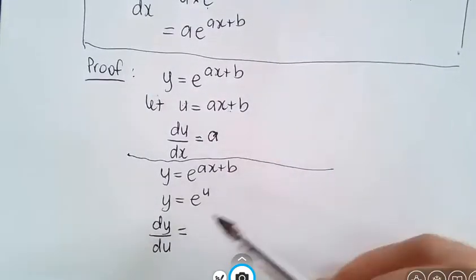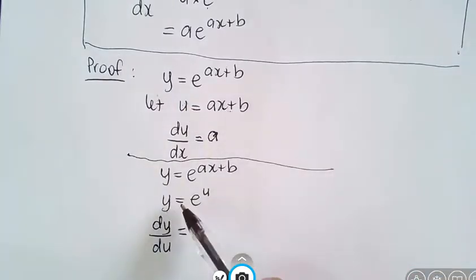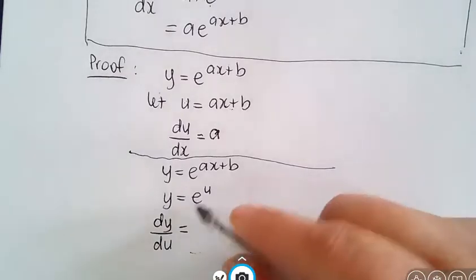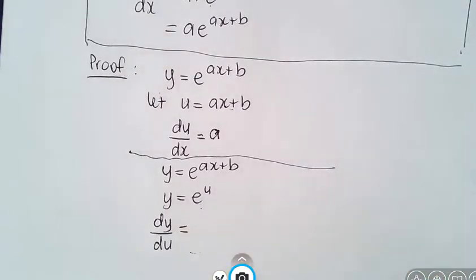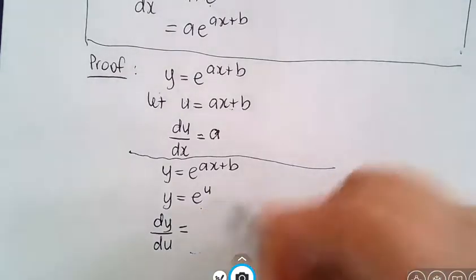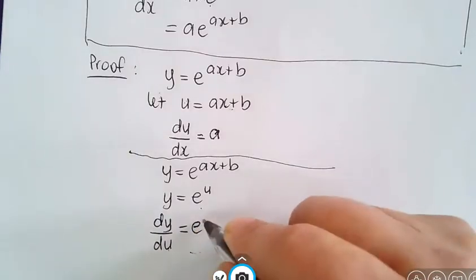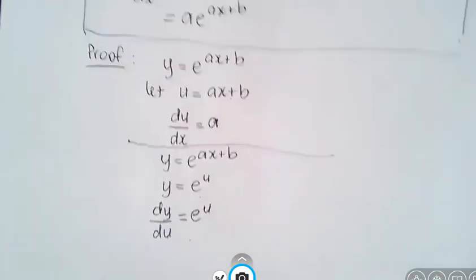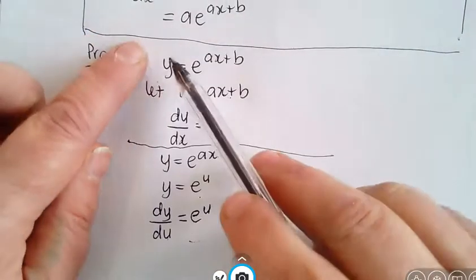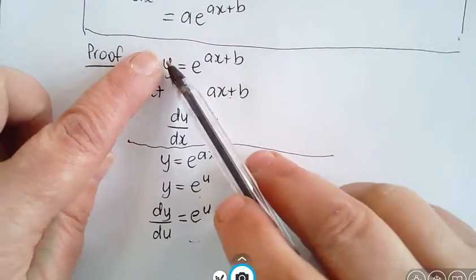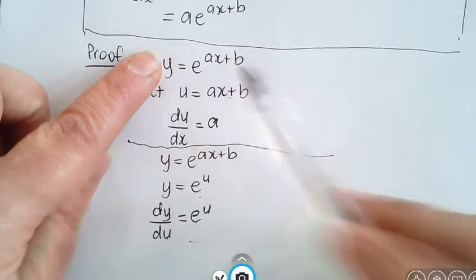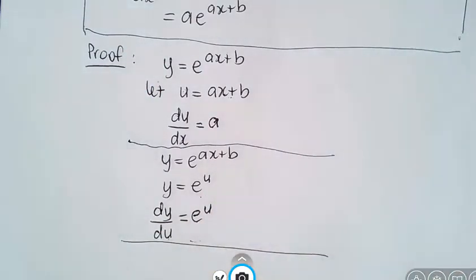If u is the power, I could say that y equals e to the power of u, just from what we did yesterday. How do you differentiate e to the x, for example? E to the u, if you differentiate that with respect to u, it's e to the u. But what I'm trying to really do is differentiate y with respect to x. So, just got those on the side.